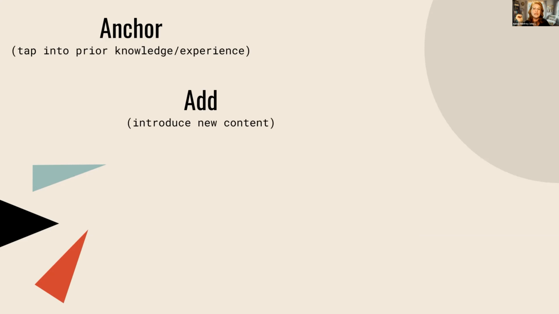Okay, so the next step is add, and that's just introducing new content. So new experience, new information, something that aligns with your course goals for the day. And then we need to apply, right then and right there.